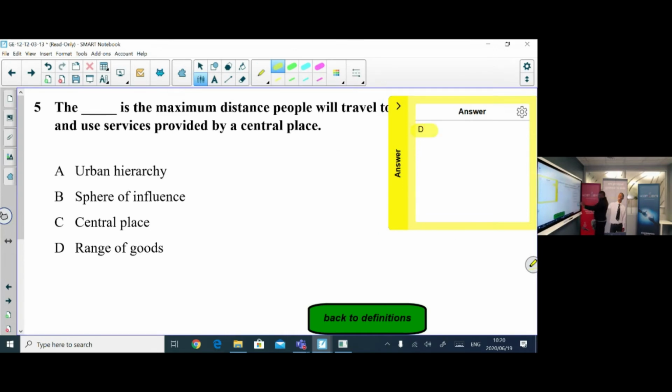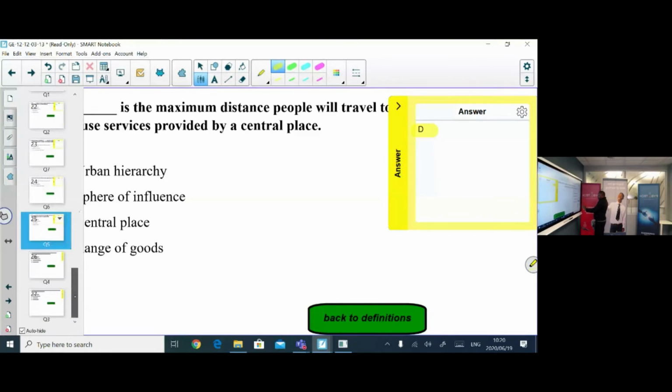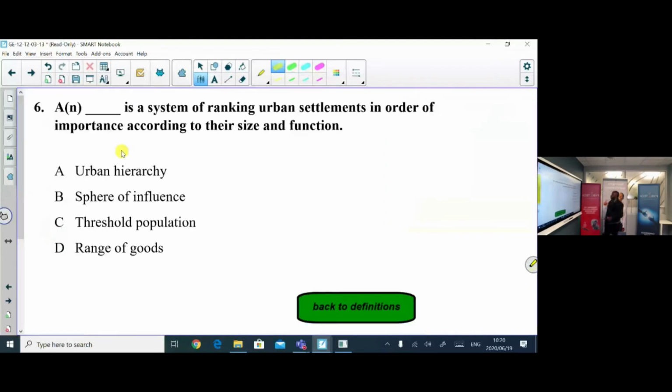Then let's look at question number 6: a dash is a system of ranking urban settlements in order of importance according to their size and functions. What is that?